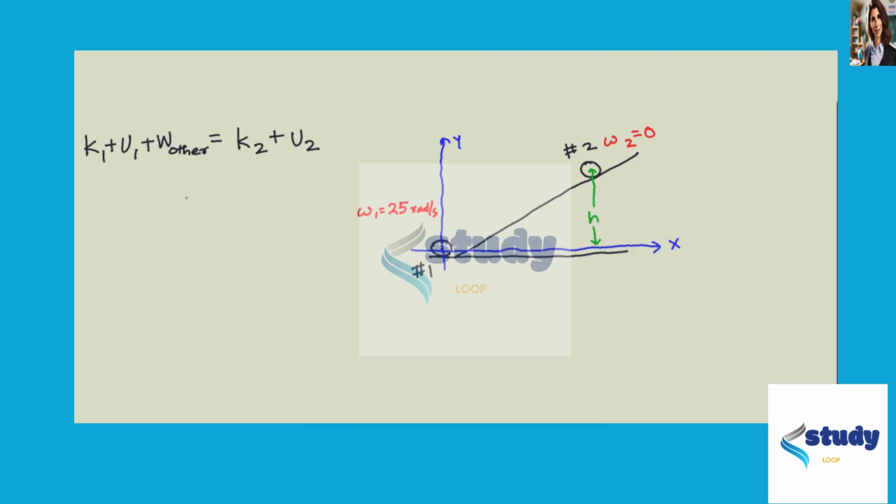Now if we write the kinetic energy, we see that it has both translational and rotational motion because the wheel is rolling as well. So we'll have kinetic energy equal to half I_CM omega squared plus half m V_CM squared, where I is the moment of inertia, V is the linear velocity and omega is the angular velocity.